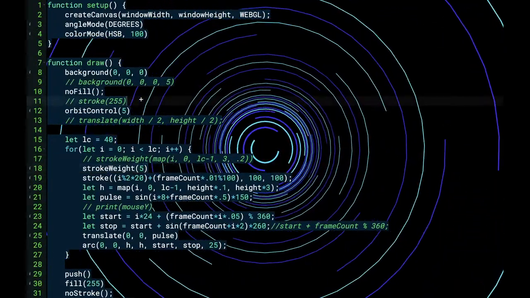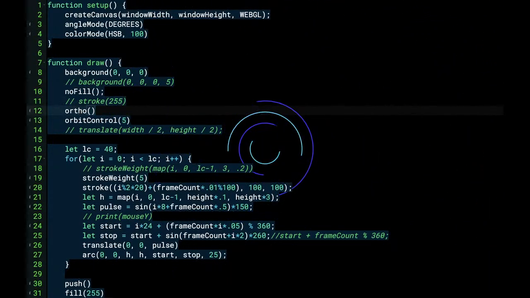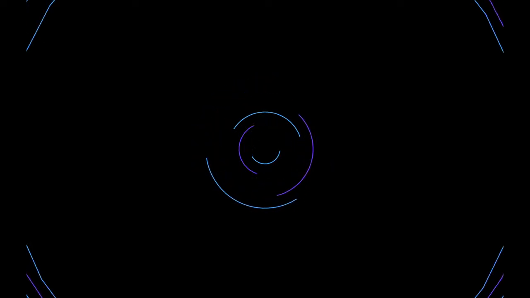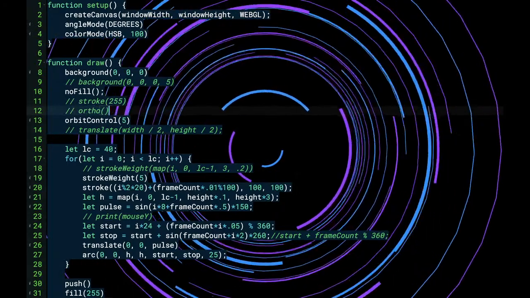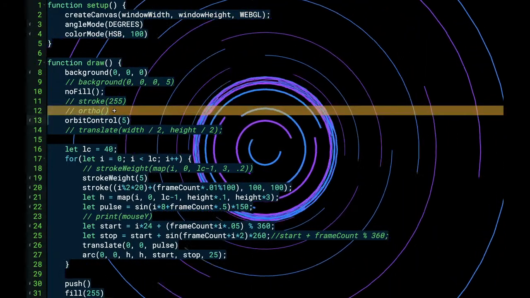Let's turn off perspective for a minute. And then things just appear and disappear. That's interesting. I think it's based on the cutoff for 3D space where the camera kind of cuts things off. So I don't actually want that. I think I like it more with the perspective.